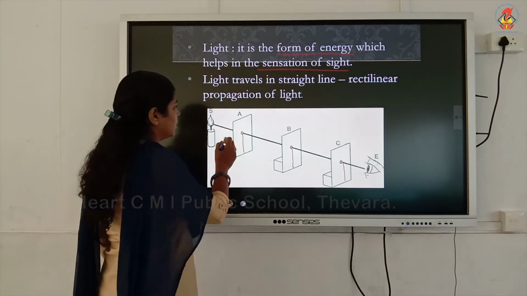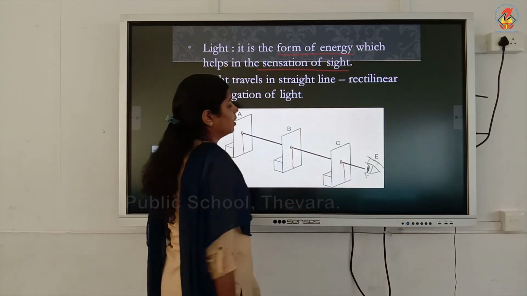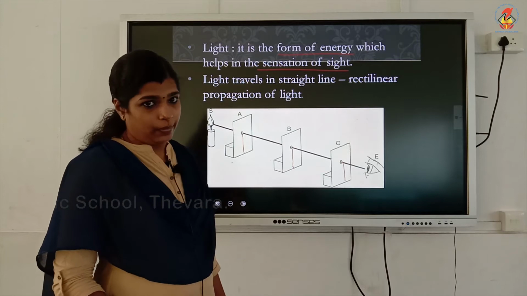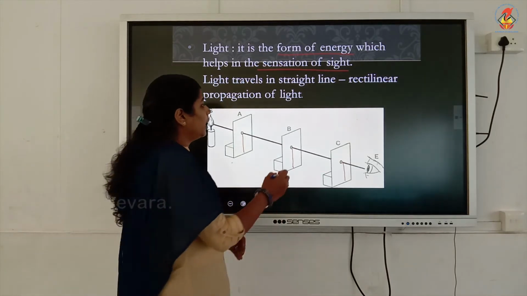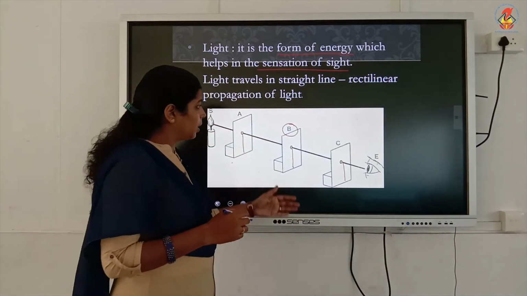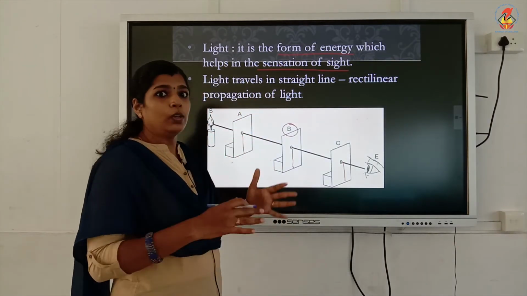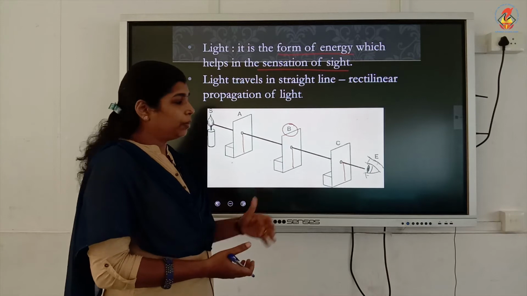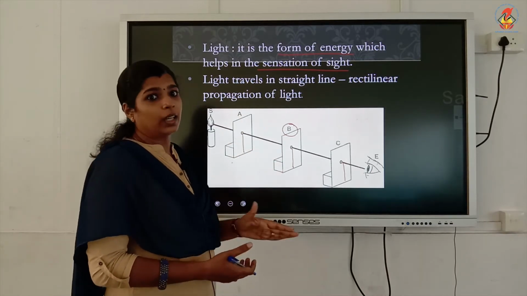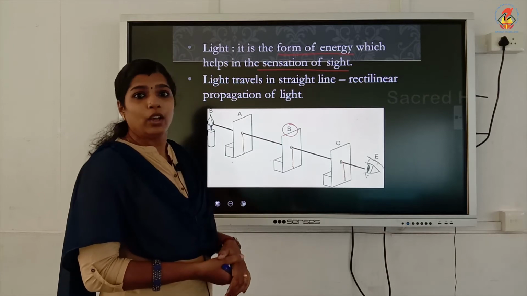Because the light travels in a straight line, that is known as rectilinear propagation of light. Now I am replacing cardboard B with a plain cardboard without any hole.